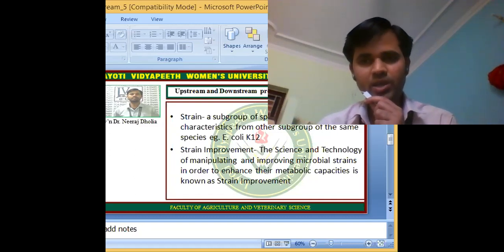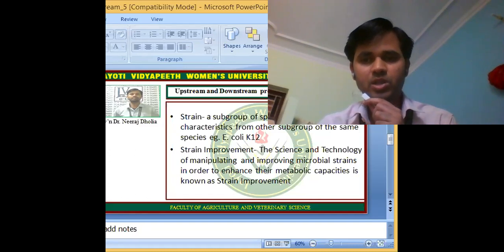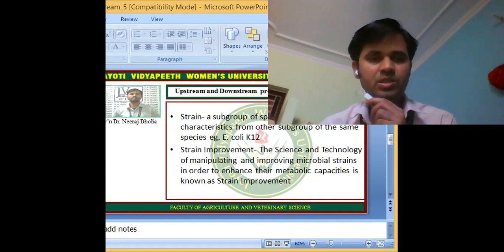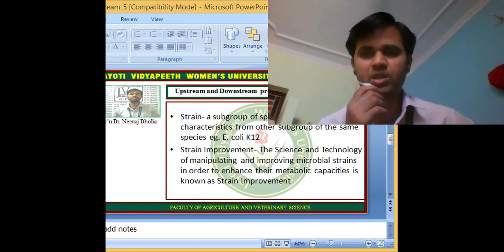coli. E. coli is a species, but in E. coli there are various strains which are slightly different from one another. The E. coli K12 is a strain of the species E. coli. And what is the strain improvement?